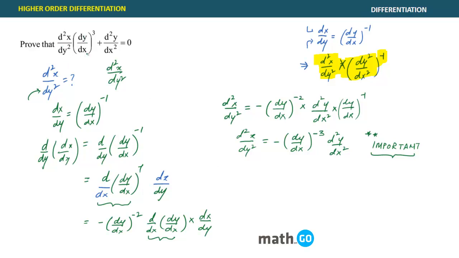You can see that (dy by dx) cubed will cancel out because it is minus 3 and over here it is 3, and there is the minus sign. So the net answer you will get for this question is 0, and we can say that this is proved. But importantly, the question was not important to prove it equal to 0; it was important because of this particular part over here. So re-watch the video again to understand this concept.